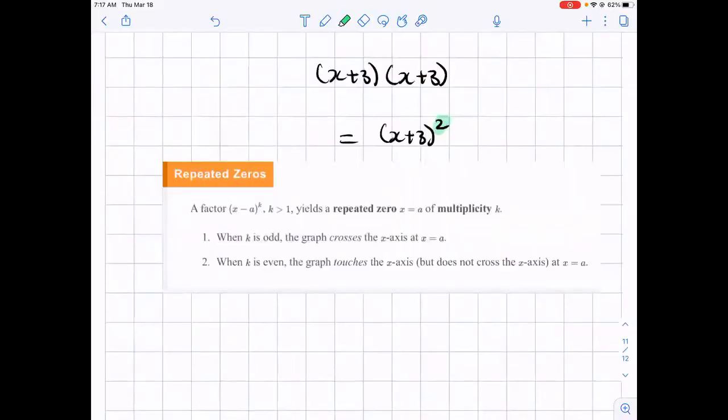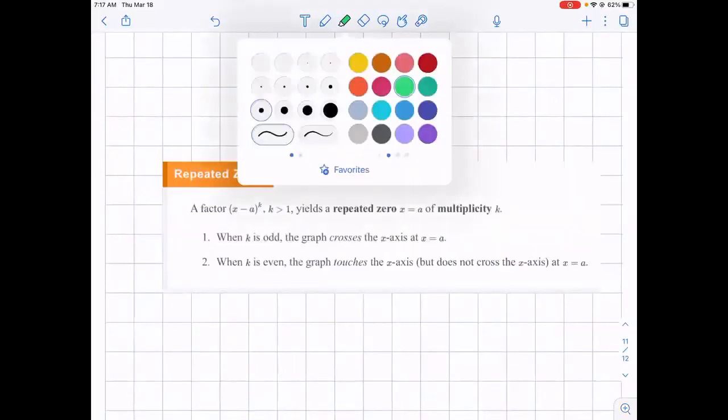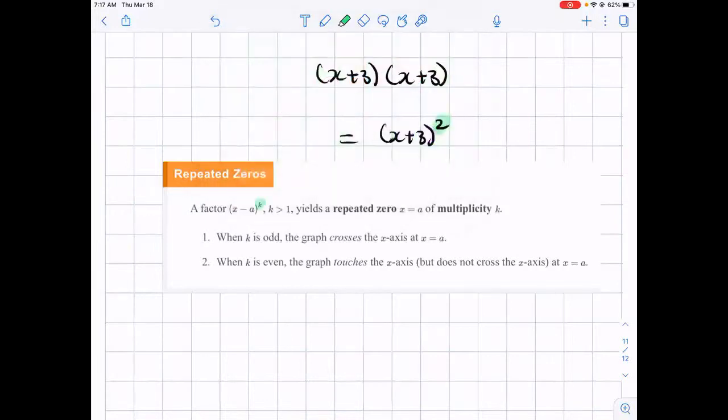So notice here that k, in my example, is equal to 2. When k is odd, the graph crosses the x-axis. When k is even, the graph touches but does not cross.